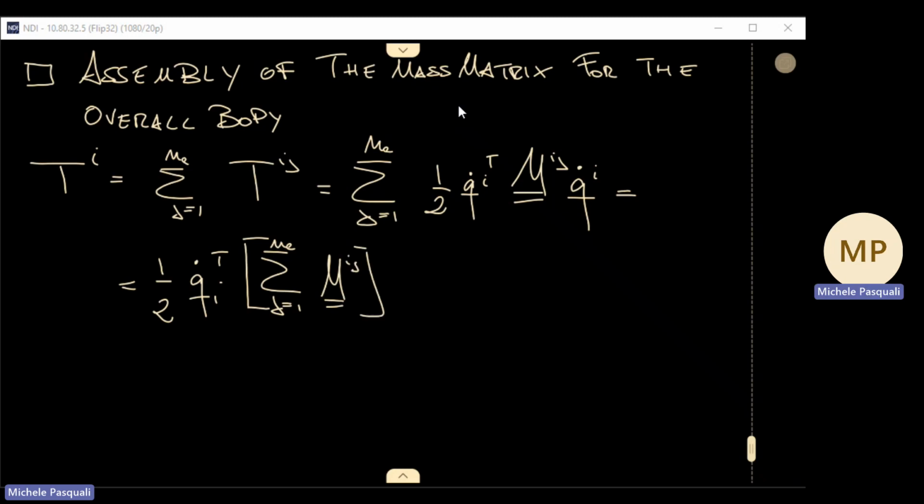Let's say thus rendering, I would say, very straightforward the procedure of assembly of the mass matrix.